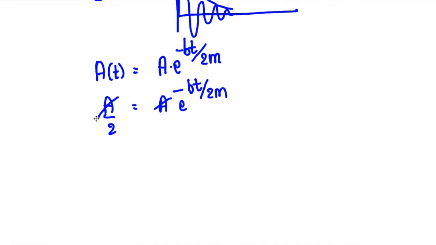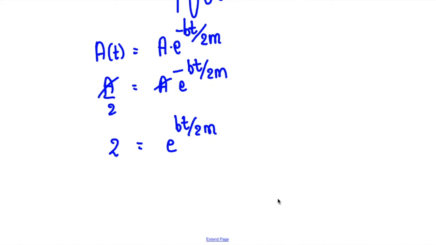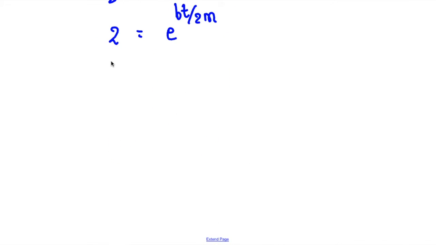A will be cancelled out. Taking the inverse on both sides, I get 2 equals e raised to bt by 2m. Now taking the natural logarithm on both sides, the exponential will be cancelled out.